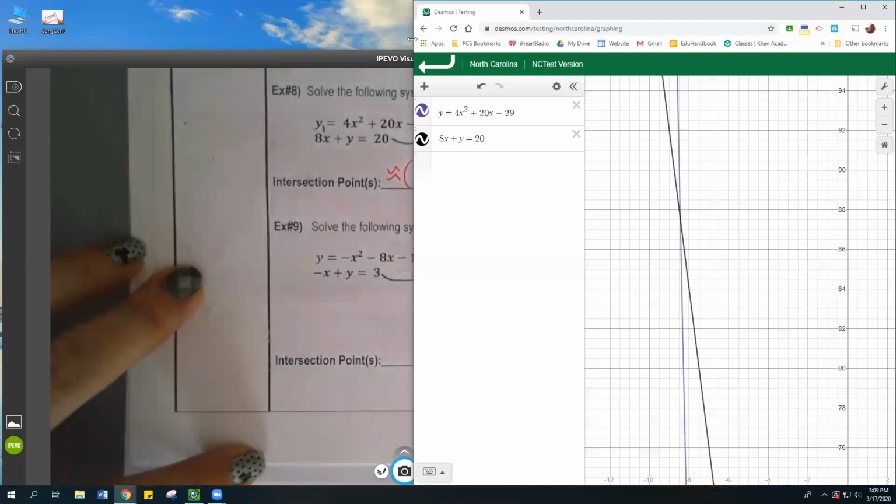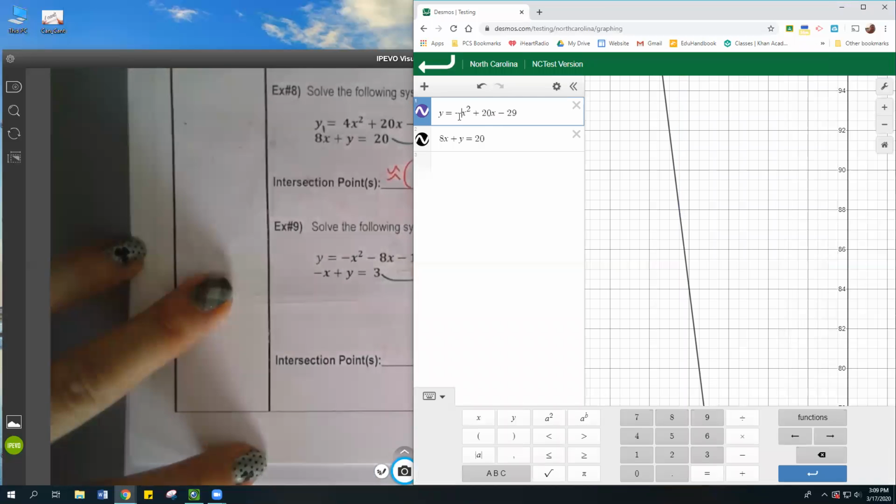I've got Desmos open, so I might as well use it. So I'm going to change that to a negative x squared minus 8x, and then a minus 15. And then this guy, I'm just going to do a total rewrite. I've got a negative x plus y equals 3.